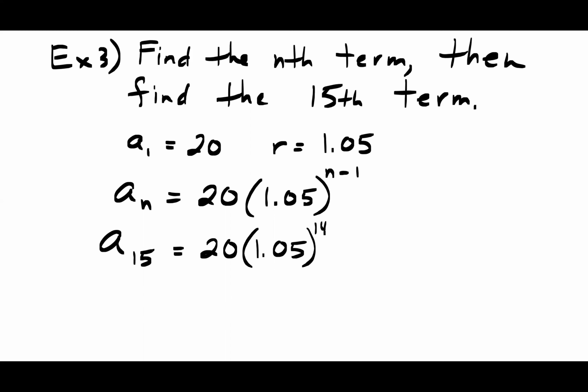Punch that directly into your calculator: 20, 1.05, taken to the 14th power. And voila, you should get 39.599. That's what the book wants you to write down. If you wrote 39.60, rounding off, that's totally fine as well.